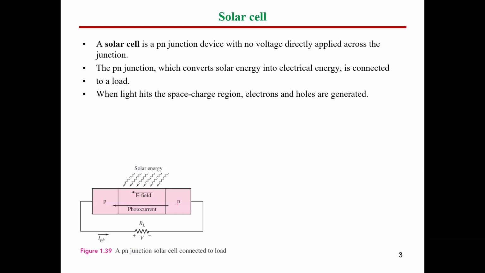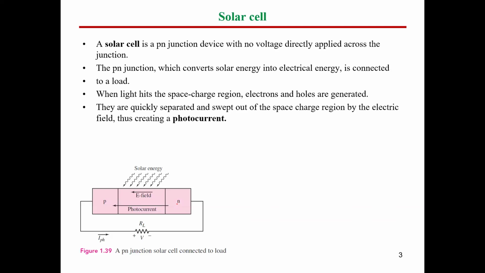When light hits the space charge region, electrons and holes are generated. And once electrons and holes are generated, it will allow the electrical current to flow, as we discussed. They are quickly separated and swept out of the space charge region, the depletion region, by the electric field, thus creating a photocurrent.